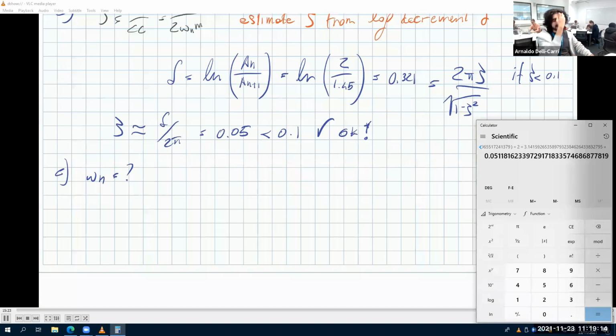How much is omega n? Well, remember, omega d is omega n times the square root of 1 minus zeta squared. And so we can just use the inverse formula to say that omega n is omega d divided by the square root of 1 minus zeta squared.